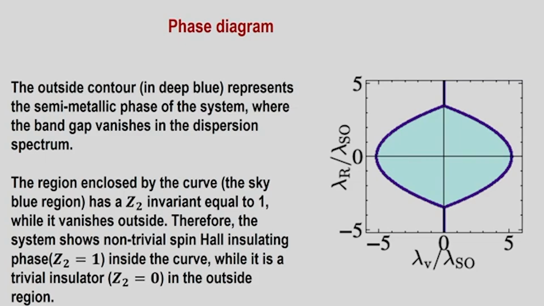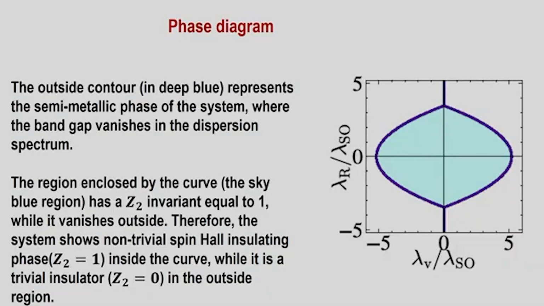You see that there is a dark blue line which is like a contour of this enclosed region, and this dark blue line represents a gap closing scenario for this Kane-Mele model, which means that everywhere on that line contour, the gap is equal to 0 at the Dirac points. The gap is non-zero only inside in the sky blue regime.